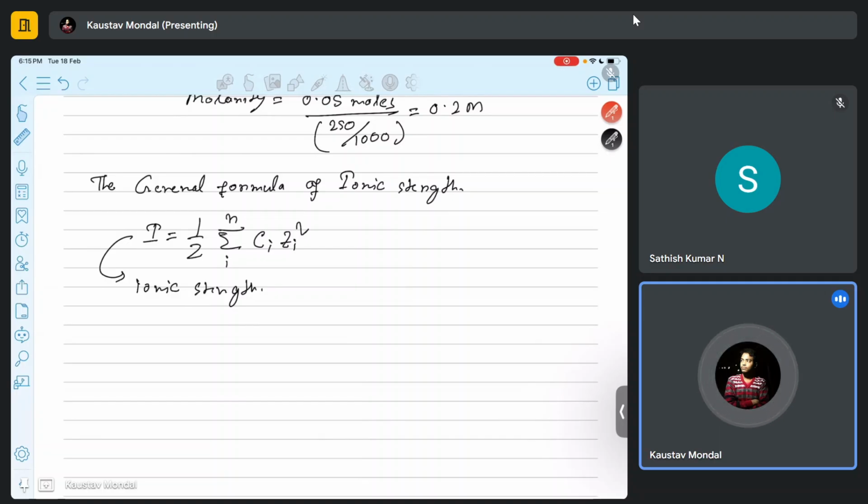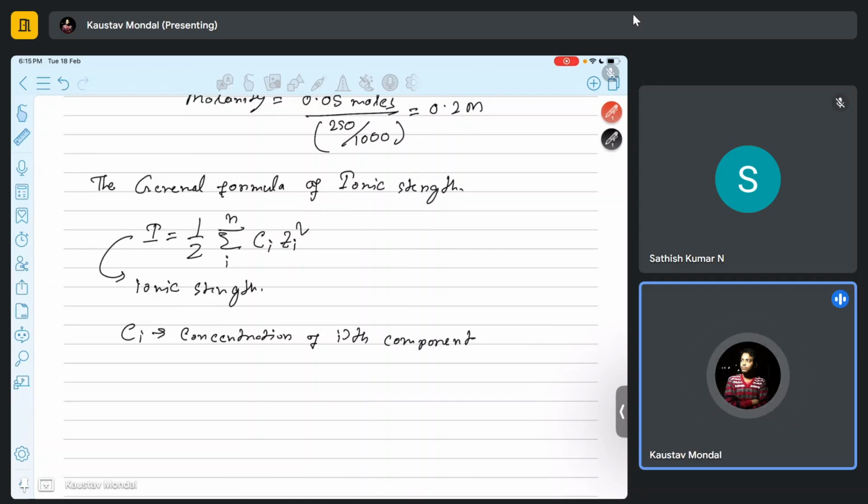And Ci is the concentration of the ith component, because in the solution there can be n number of components, right?